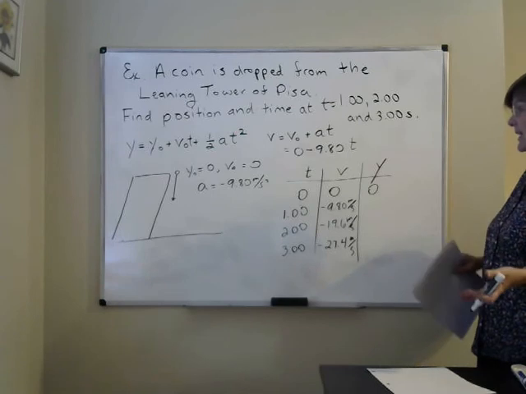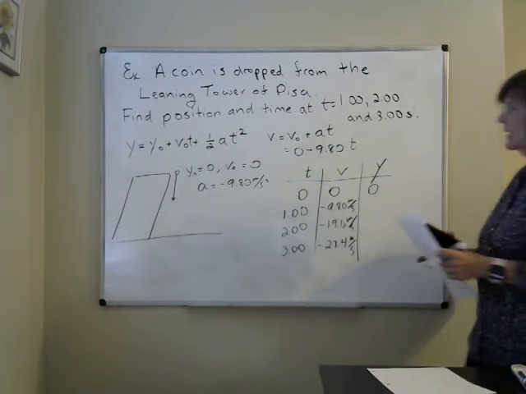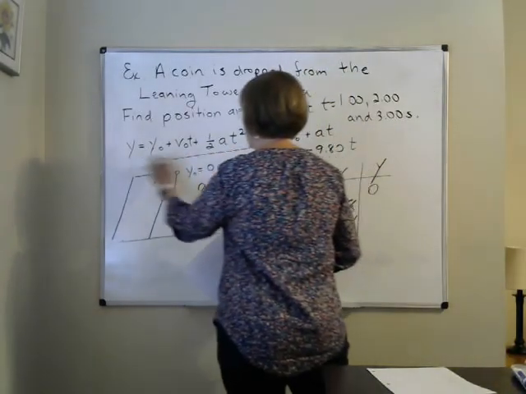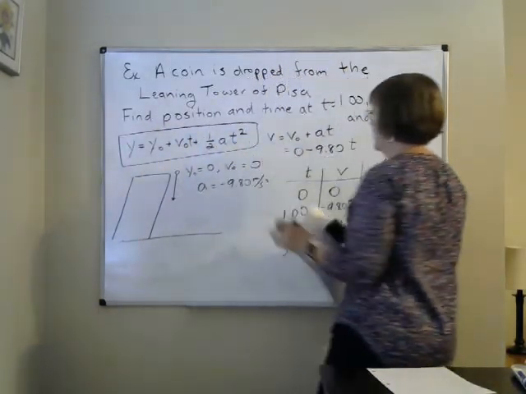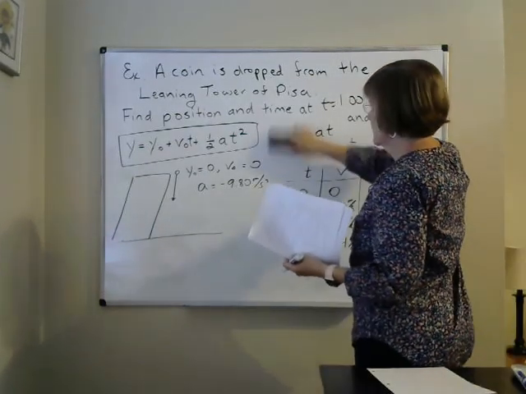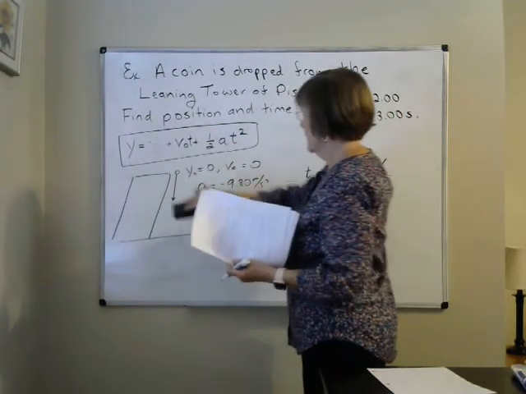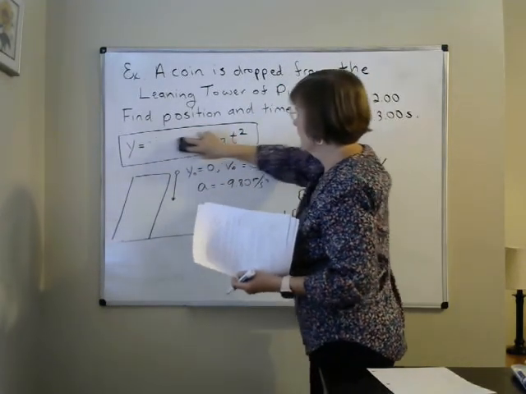Position's going to be easy too. First of all, look at the formula right here. Well, when I look at that formula, one of the things I notice is y0 is 0, so that goes away. v0 is 0, so that goes away.